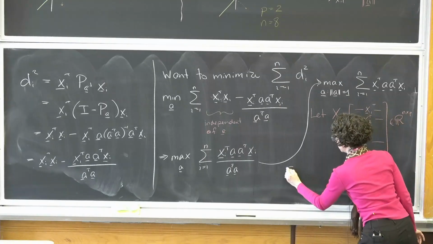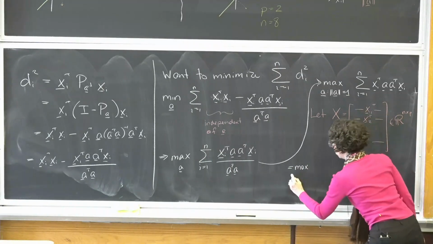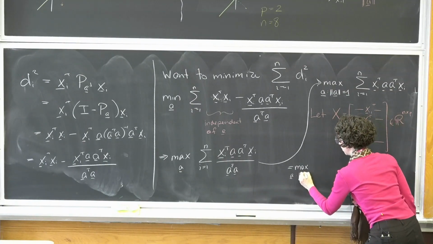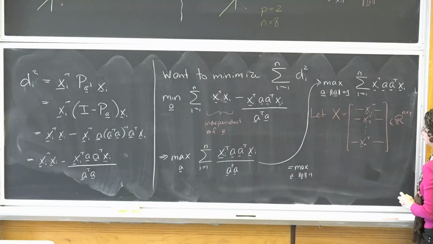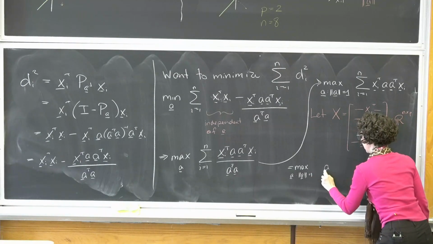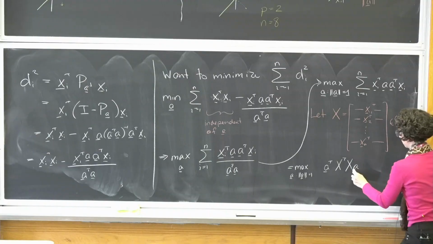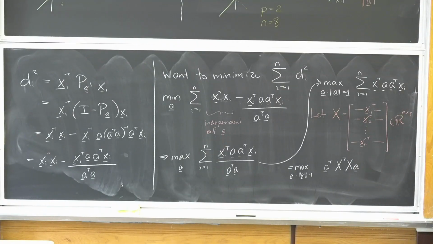And so what we get is that this is the same as maximizing over all basis vectors A, where the basis vector has norm equal to 1, A transpose X transpose X A. And so the best 1D subspace fit to our n different samples is going to correspond to the A that maximizes this expression and which has norm or length equal to 1.